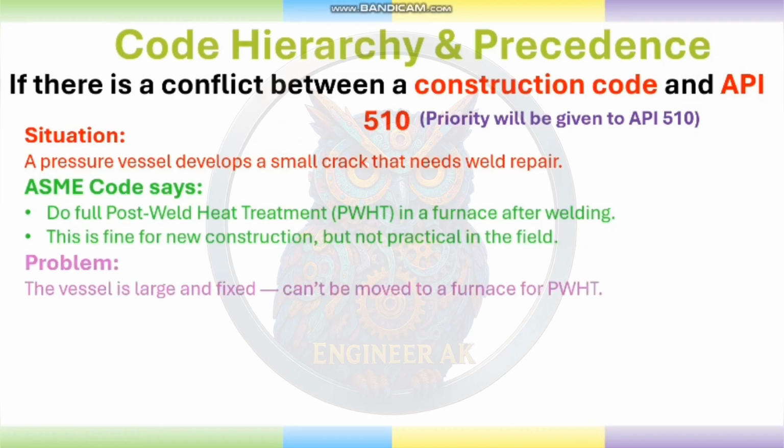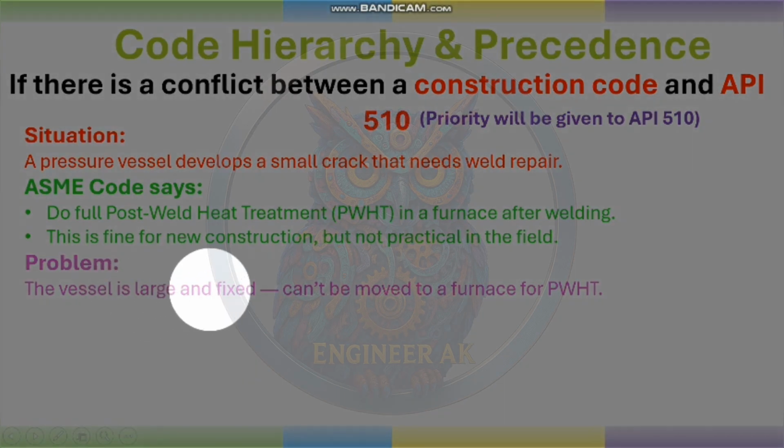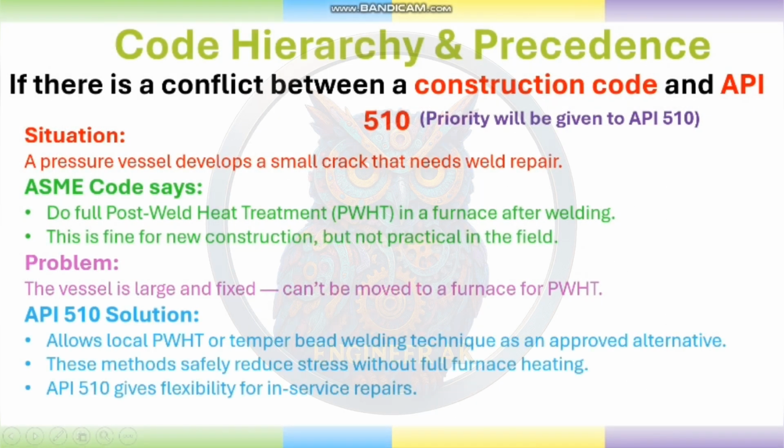The problem is that the vessel is large and fixed and cannot be moved to a furnace for post-weld heat treatment. So API 510 allows local post-weld heat treatment or the temper bead welding technique as an approved alternative. These methods safely reduce stress without full furnace heating. This is API 510's flexibility for in-service repair.